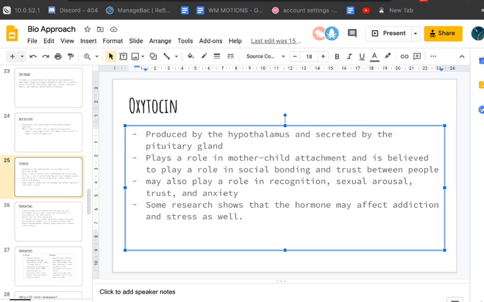So basically, MAOA is behind the workings of serotonin and dopamine, and if you have the low expression variant of MAOA-L, that means serotonin is not broken down as much, so there is increased serotonin in your brain.